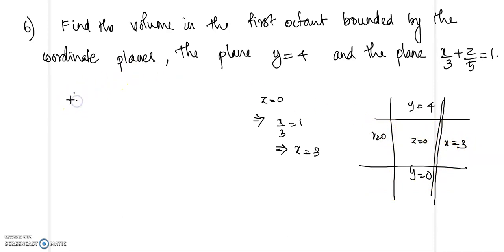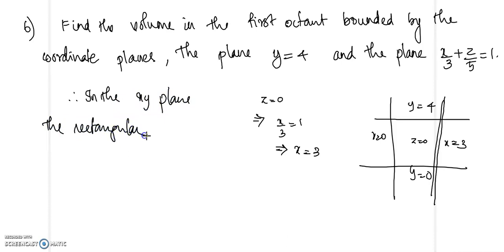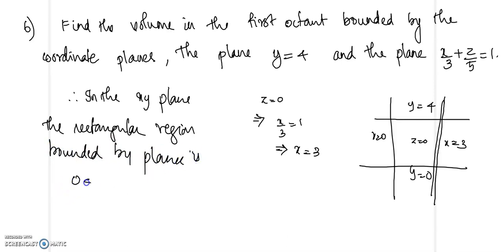So therefore in the xy plane the rectangular region bounded by the planes is 0 less than or equal to x less than or equal to 3 and 0 less than or equal to y less than or equal to 4.